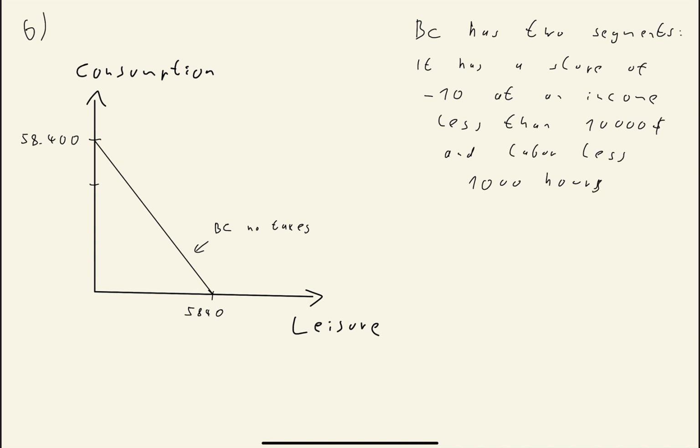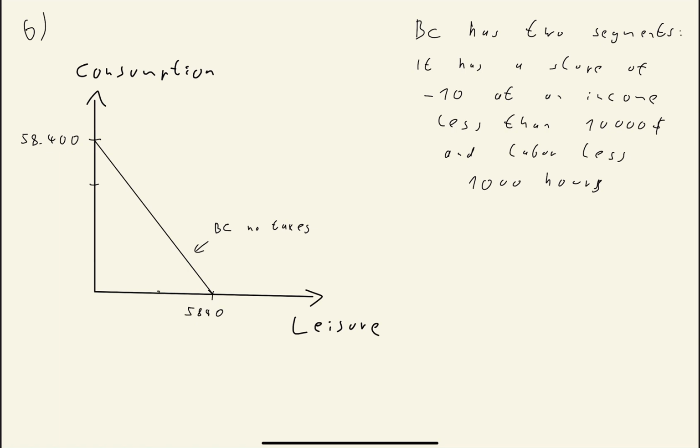If you work 1,000 hours, then if there wouldn't be any tax, you would earn $10,000. And that brings you exactly to the threshold up to which you do not pay any taxes at all. So your opportunity costs of leisure will be equal to $10 for each unit of leisure that you consume, up to the point where you consume a leisure equal to 5,840 minus 1,000 hours, basically. And this brings us to a situation like this.